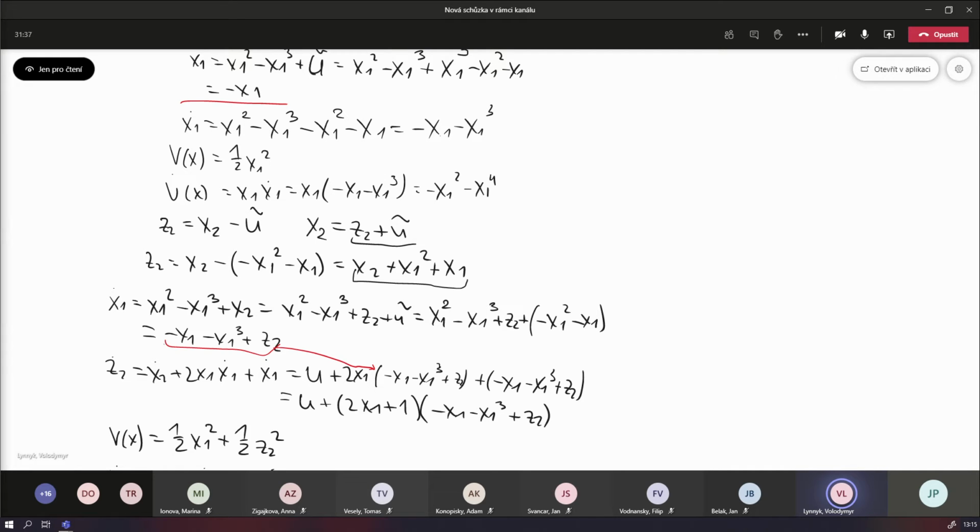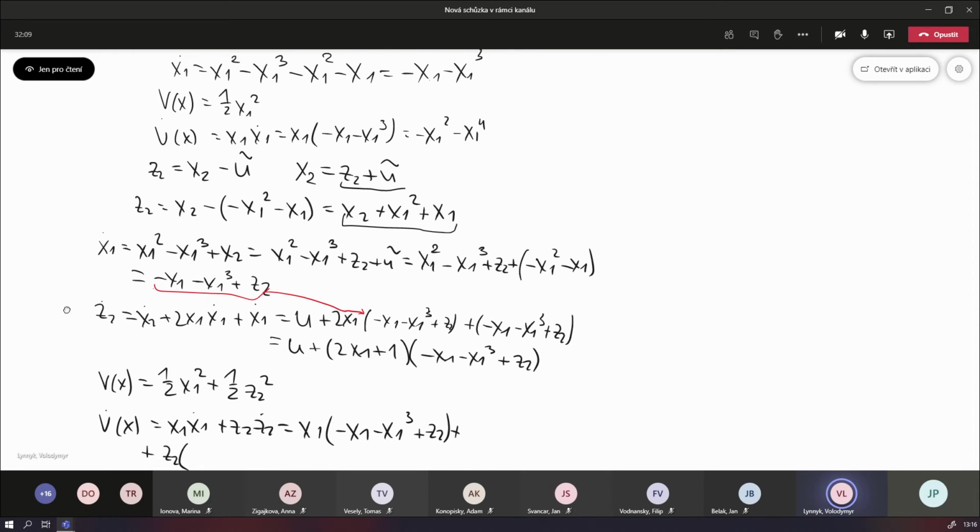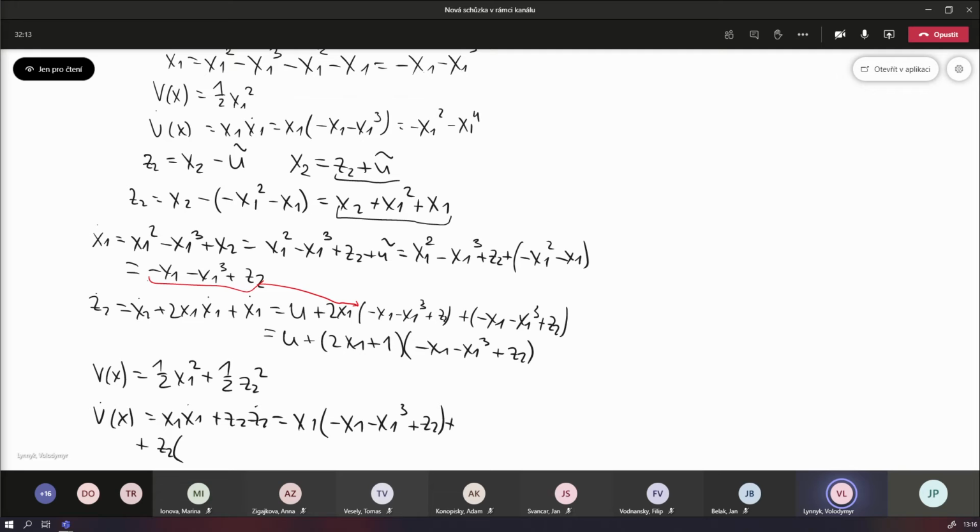It's equal to x1 times this x1 dot, minus x1 cubed plus z2, and the second part, plus z2 times this u plus 2x1 plus 1 and minus x1 cubed plus z2.